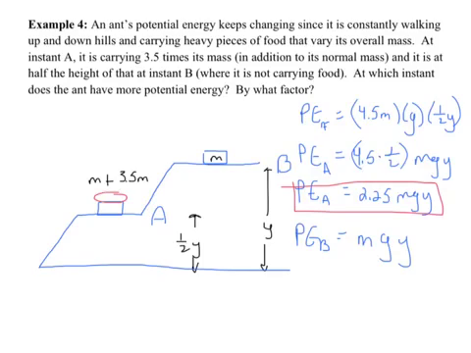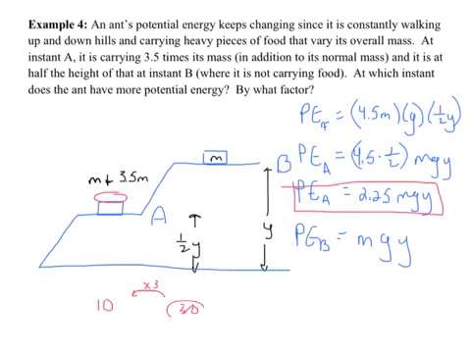Now the question becomes, by what factor is it larger? Well, the factor happens to be right in front. And the way you find a factor of increase is by taking the larger quantity and dividing it by the smaller quantity. For example, if somebody had $10 and another person had $30, we would say that this person has 3 times as much as this person over here, because we have to multiply by 3 to get there.